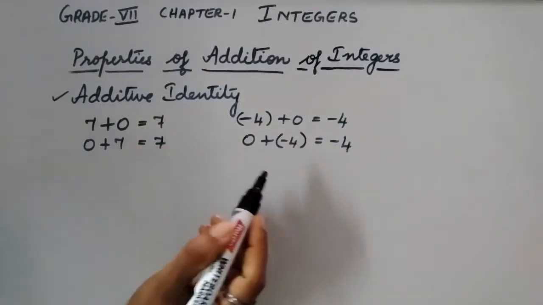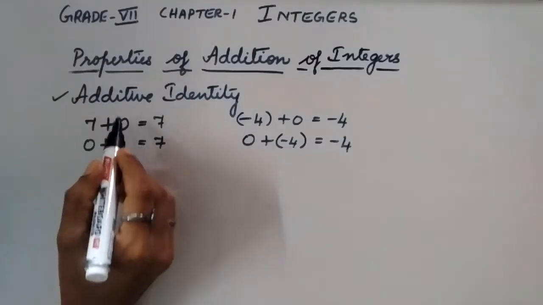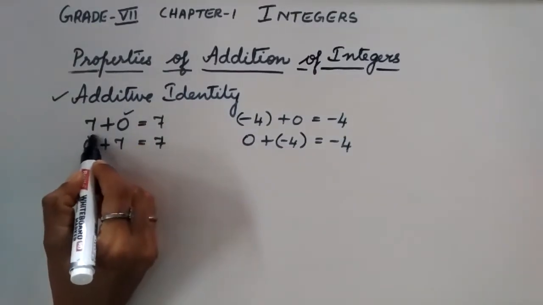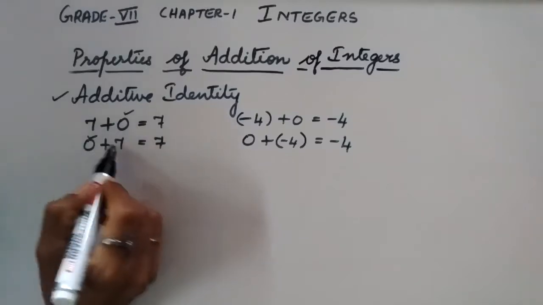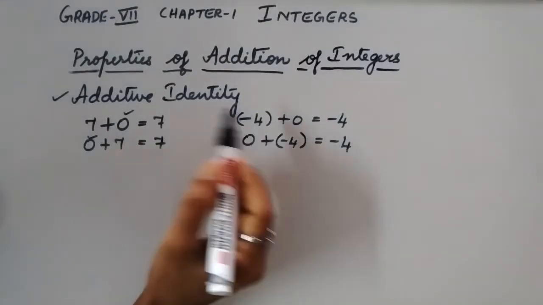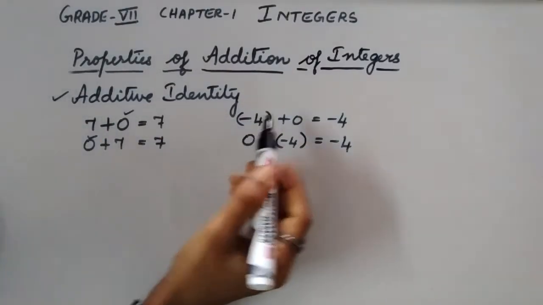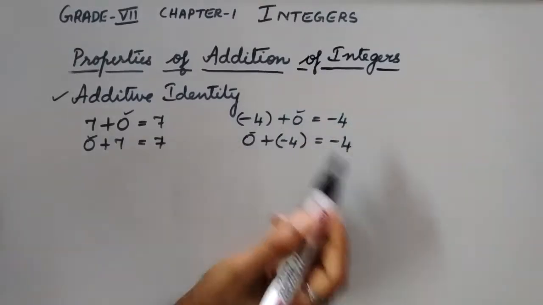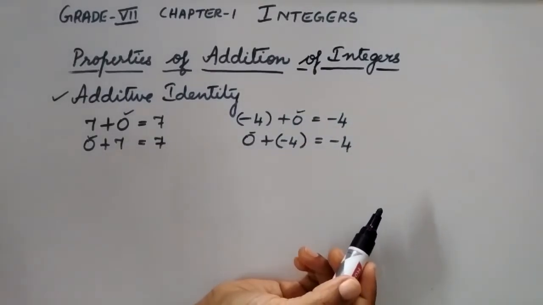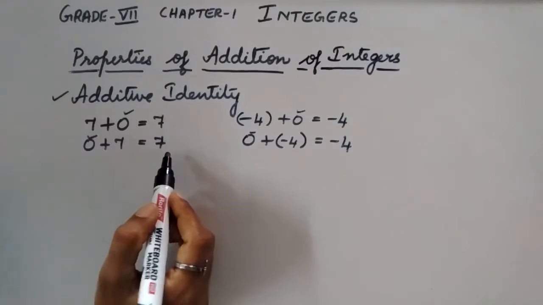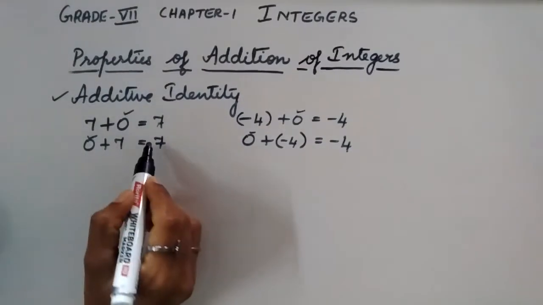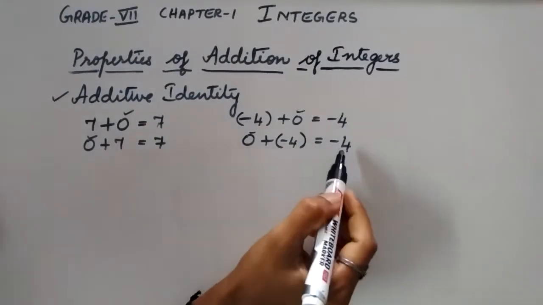Now from these examples we see that adding 0 to any integer, it is 7 and here it is minus 4. You are adding 0 to any integer. Adding 0 to any integer does not change the value. The value remains the same.